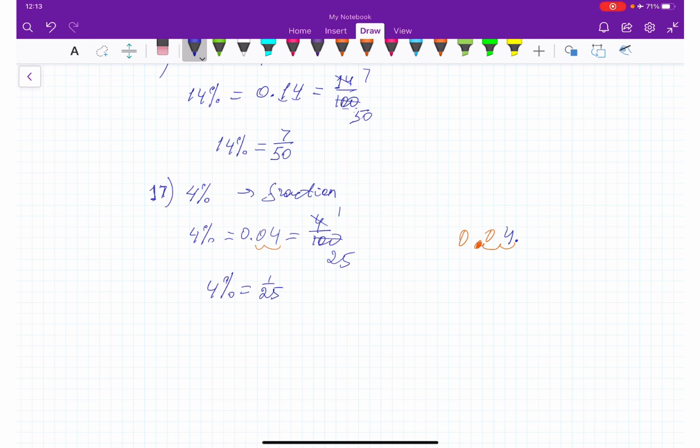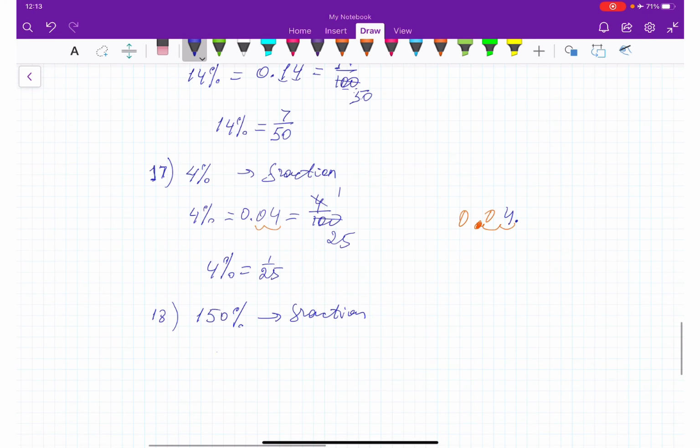Okay, moving to question number 18. Write percent as a fraction or mixed number in simplest form. We have 150%. We need to convert into fraction. How are we going to do that?